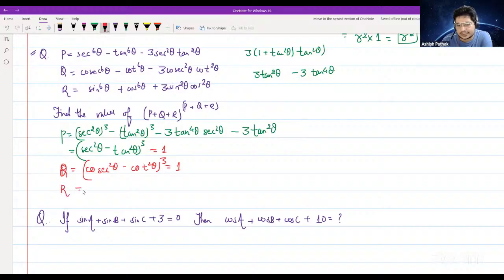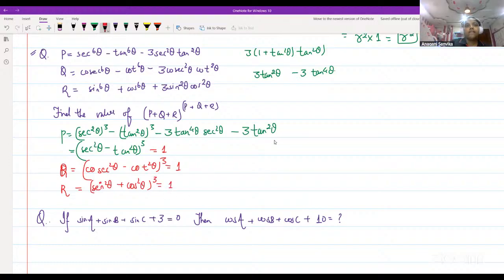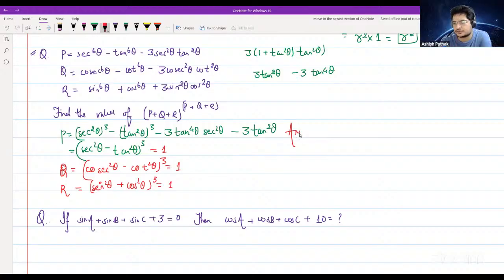And if I write r, that will become sine square theta plus cos square theta, to the whole cube, which is equal to 1. So the answer will be p plus q plus r, so that is 3 to the power 3, which is equal to 27.